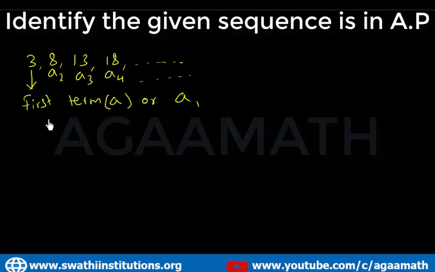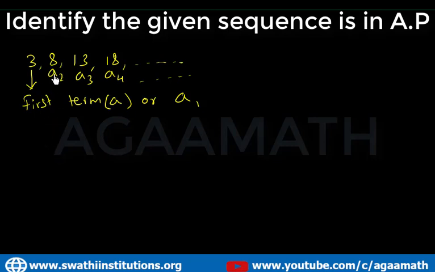Now we have to check whether the given sequence is in arithmetic progression or not. How do we check? Whenever we would like to know whether the given sequence is in AP or not, as we learned in the before video, if the difference between any two consecutive terms is always constant, then it is an AP.